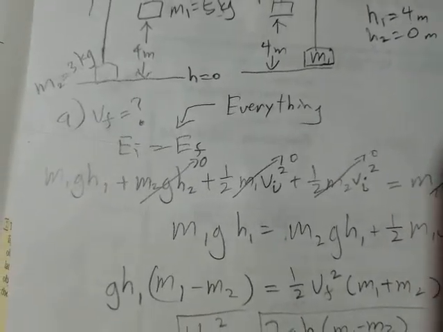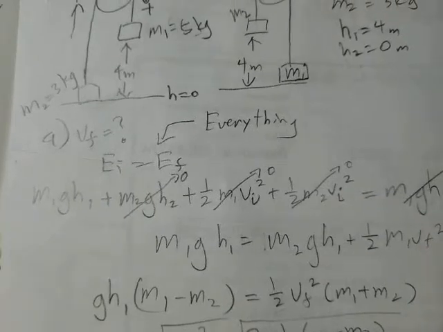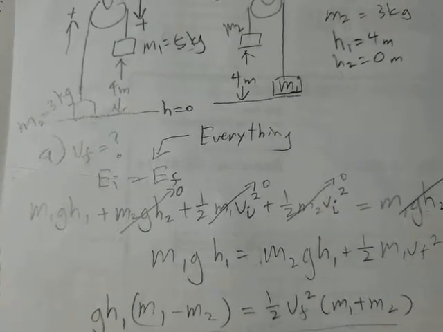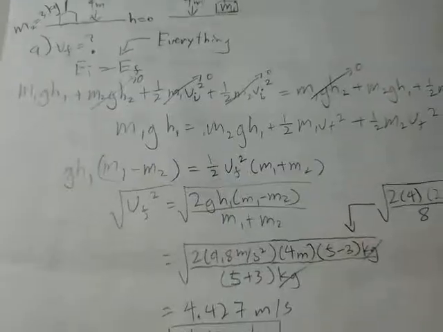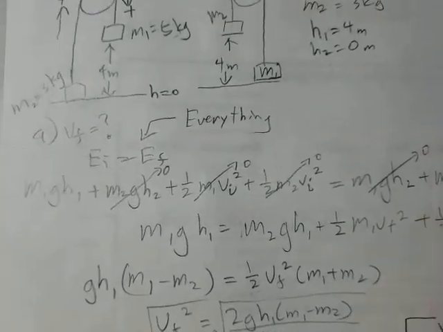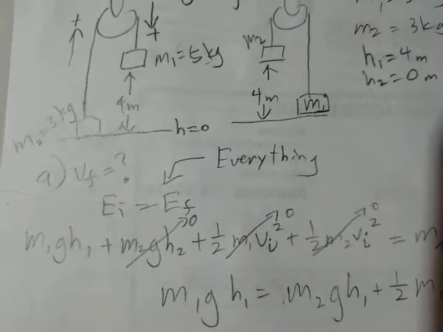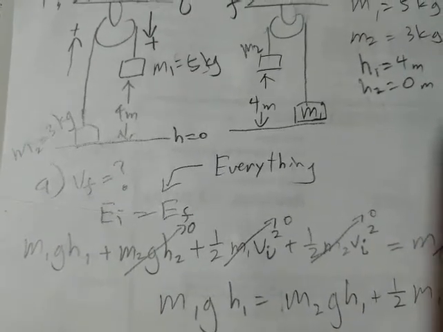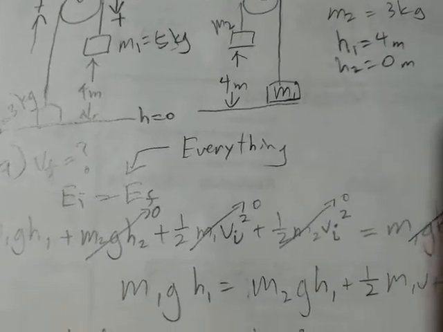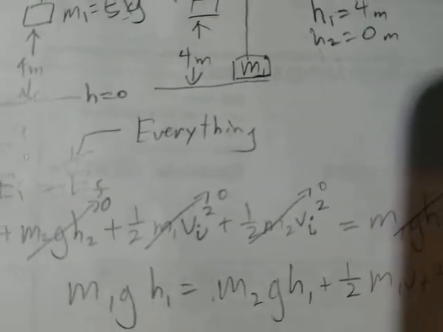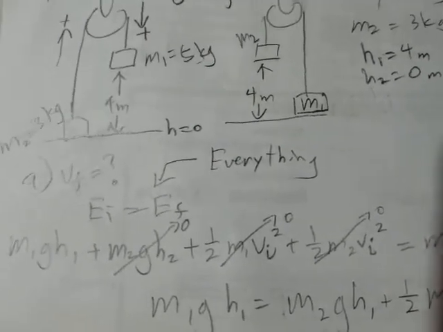So going back to the left side, I just wrote out everything. So the initial velocity for both blocks of mass is 0. So the kinetic energy is 0 for both blocks of mass.